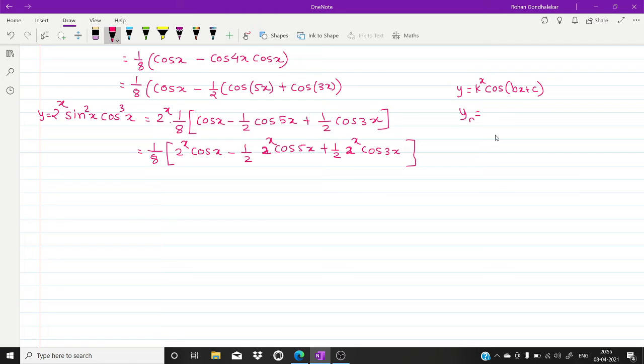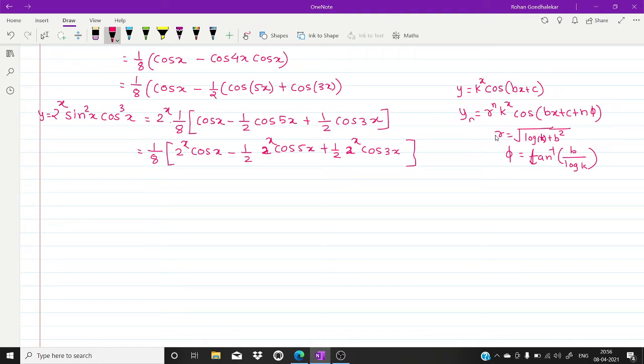So the nth order derivative would be given as r raised to n into k raised to x into cos bx plus c plus n phi, where r is equal to square root of log k square plus b square, and phi is tan inverse of b by log k. Sorry, here it is not log 2, it's log k.